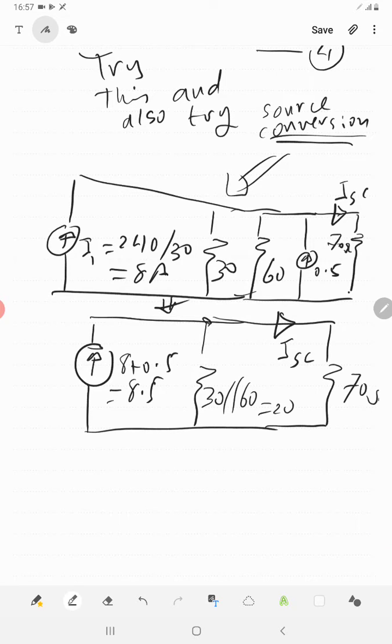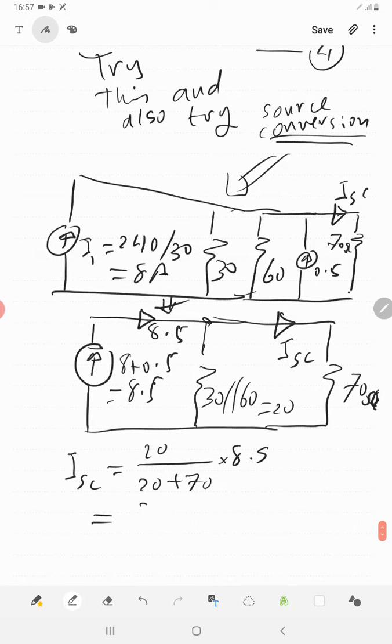The current of 8.5 is distributed between the 20 and the 70. The one in the 70 ohms is our short circuit current, so I short circuit is equal to 20 divided by 20 plus 70 times 8.5. So it will be 20 divided by 90 times 8.5, so 2 divided by 9 times 8.5.